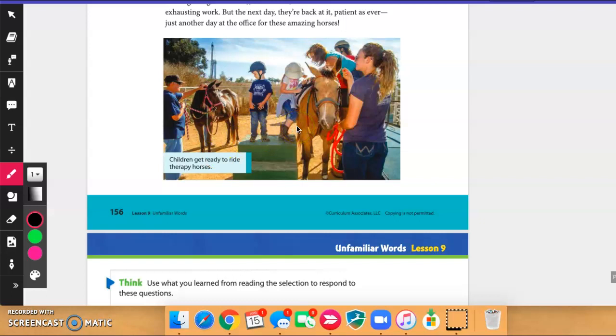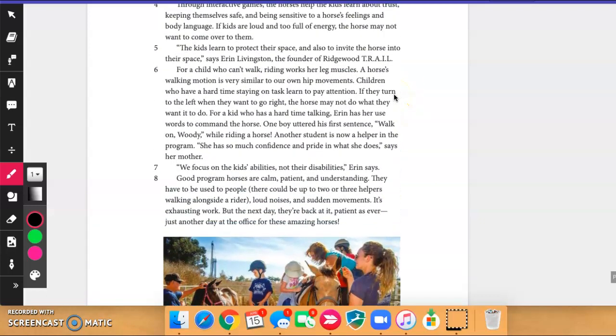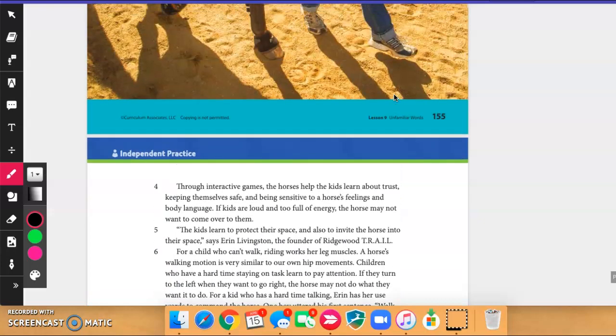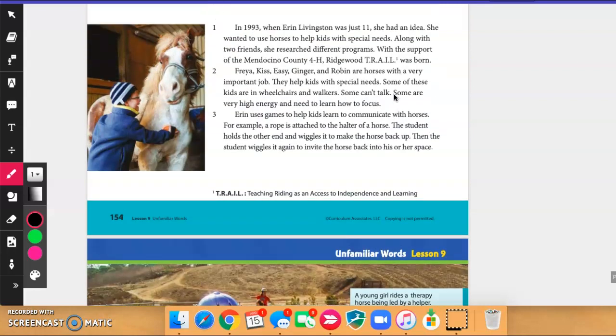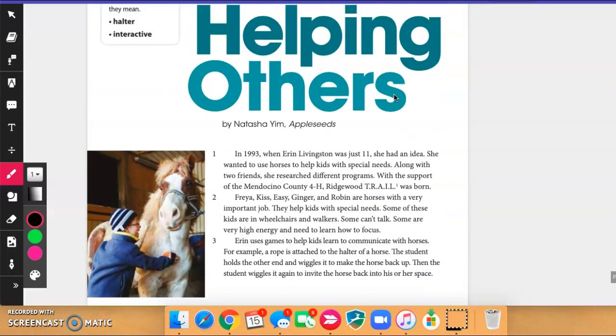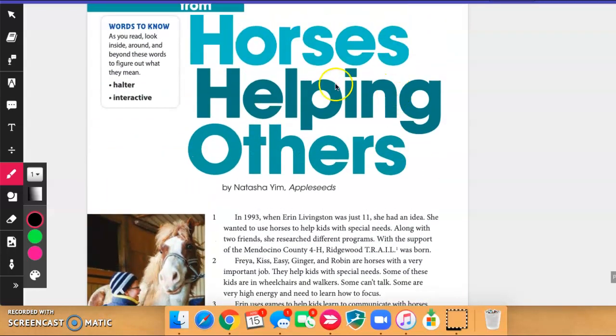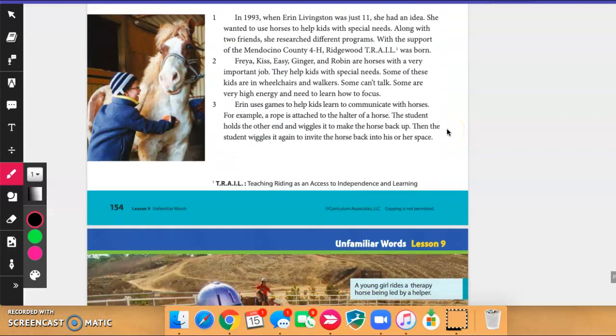So just by looking at the pictures and thinking about the title, I know that this article is all about therapy horses. Another word for therapy might be helping, which that word is also in the title. So that helps us to understand what we are reading about today.